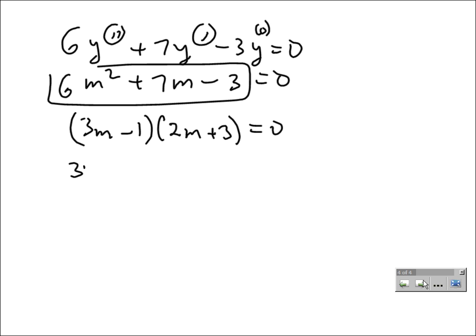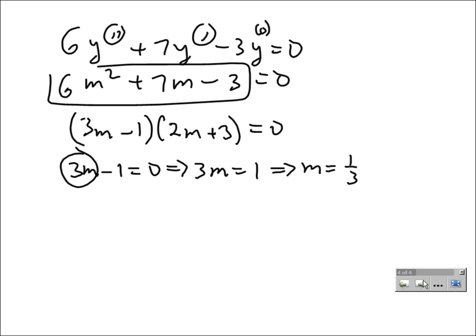Well, if 3m minus 1 is 0, then 3m is 1. Divide by 3, m is 1/3. Or 2m plus 3 is 0. You need to know what additive inverses are.